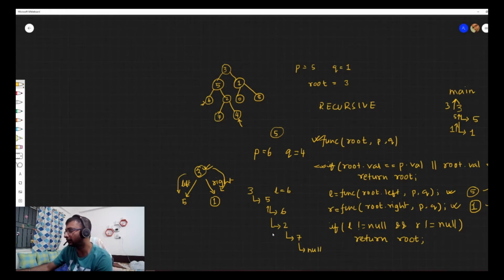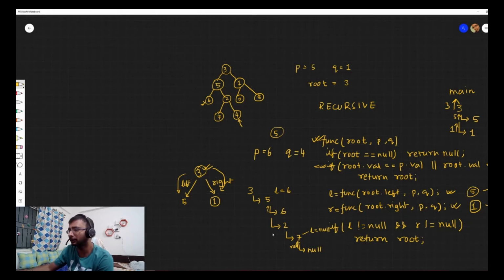So we will introduce a condition over here that if root is null, then return null. So a null is returned from here, so left of 7 receives a null.